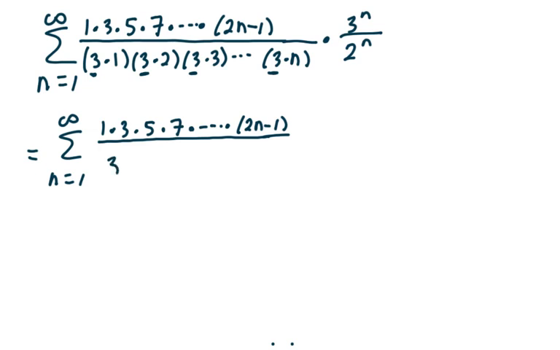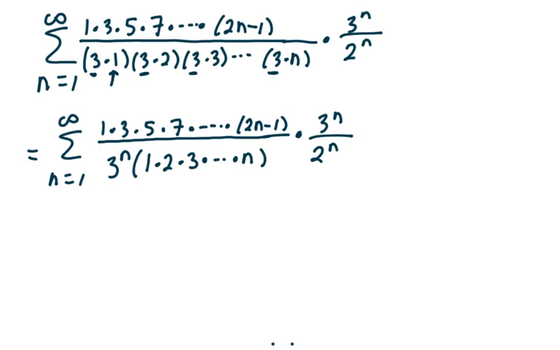So I'm going to write this as 3 to the n times 1 times 2 times 3 all the way through n, and I multiply by 3 to the n over 2 to the n.